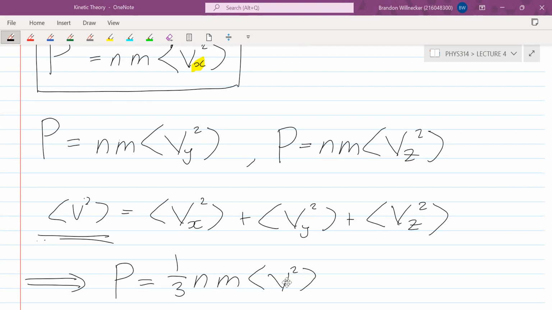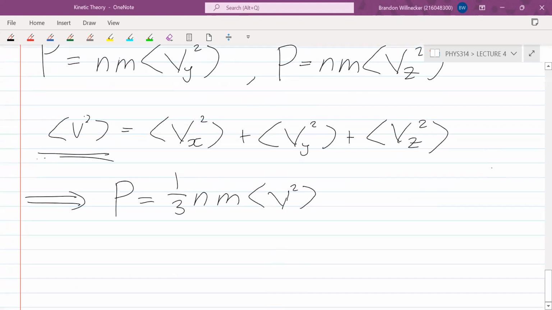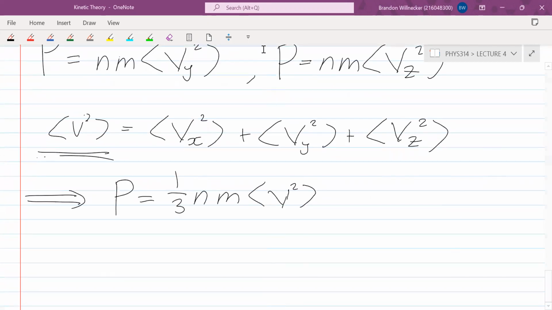Okay, so now we're writing it in terms of the overall V squared instead of any individual components. Now this m v squared is looking a lot like the kinetic energy. Remember, that's half m v squared. So if we multiply by 2 and then multiply by half, we can include that factor of 1/2 that we need. So let's write this as 2/3 n times 1/2 m expectation of v squared.